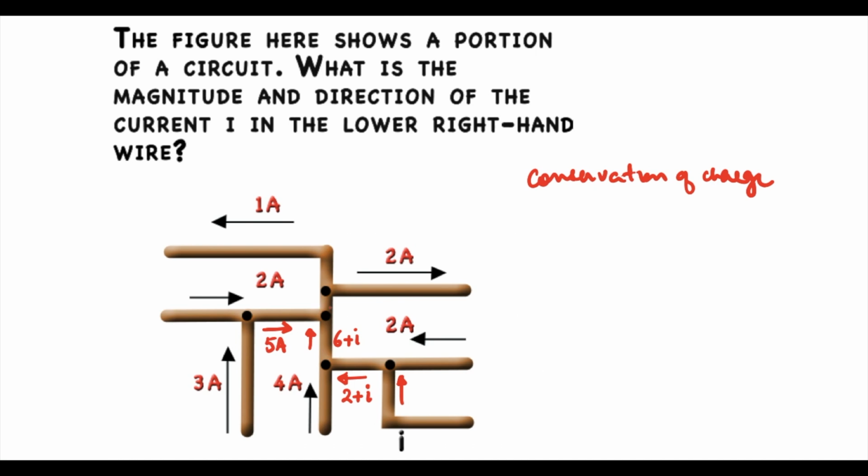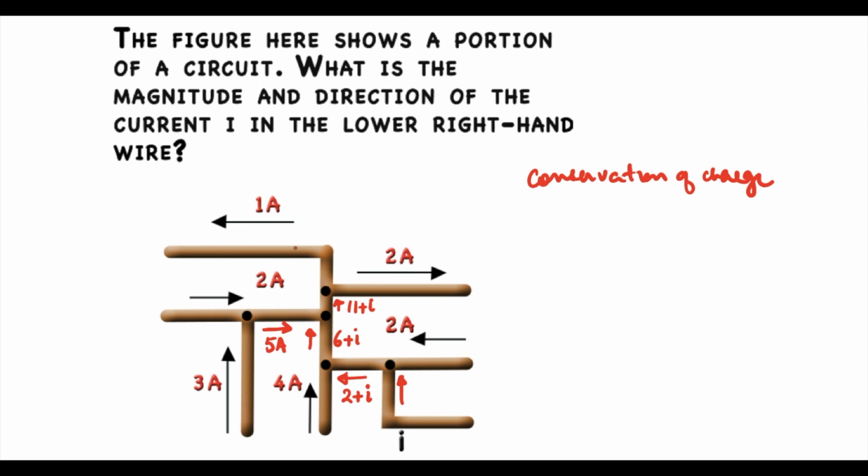Now the current leaving, let's assume that it's leaving over here, would be 5 plus 6 plus I, or 11 plus I.